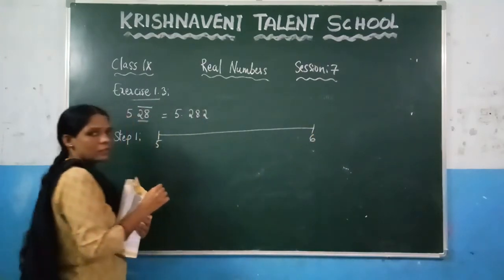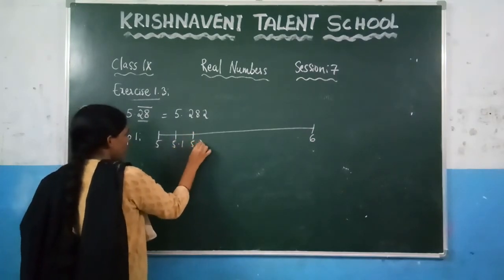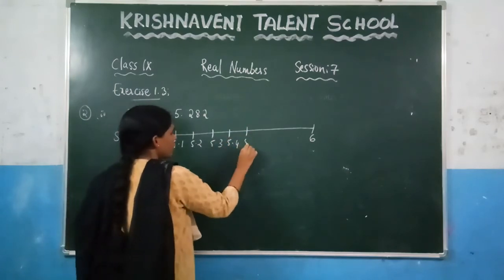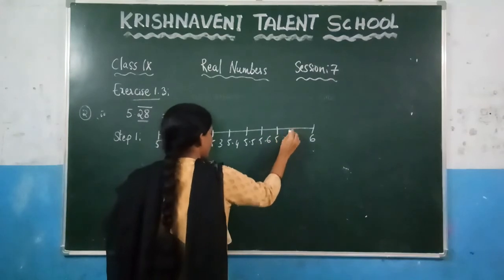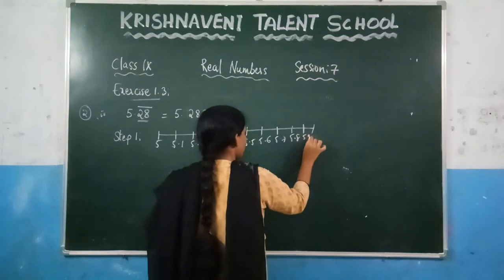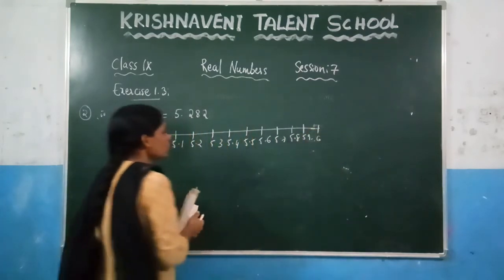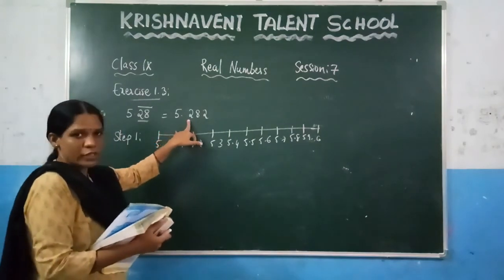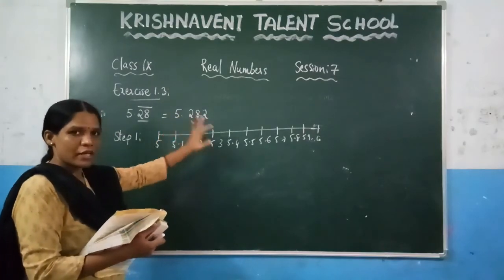And after that, in between, what numbers will be there? 5.1, 5.2, 5.3, 5.4, 5.5, 5.6, 5.7, 5.8, 5.9, and after that you will get 6. Now you need to check the next digit. What is the next digit? 5.2. You can observe that this number lies between 5.2 and 5.3.